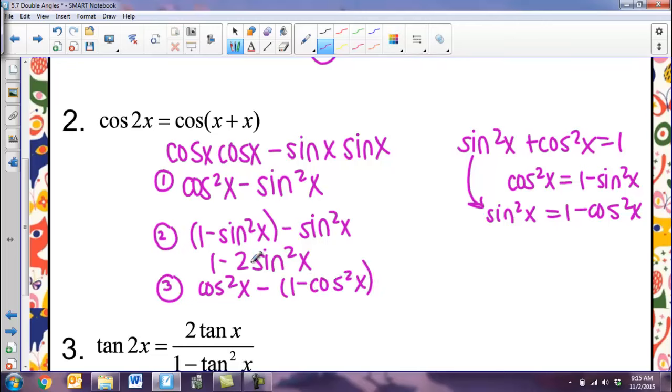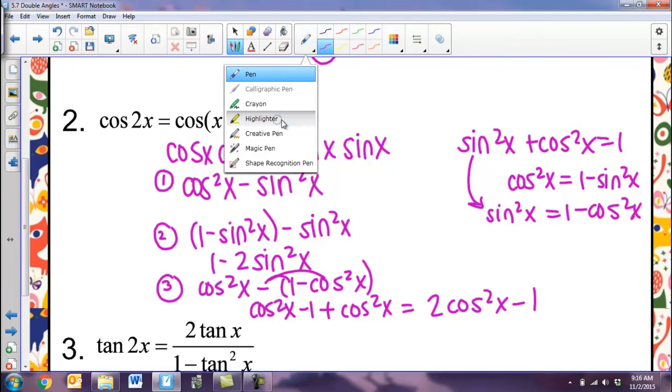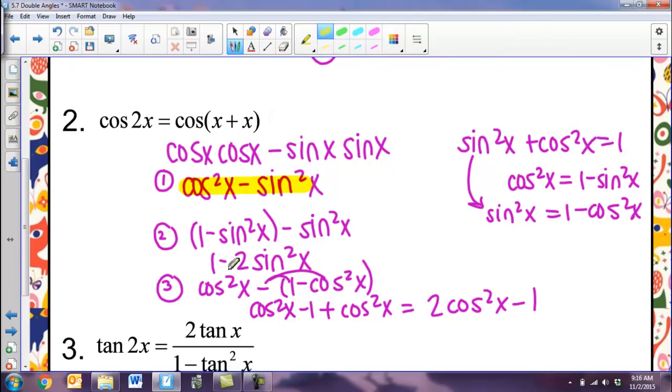Be careful here because you'd have to distribute this negative. So you would get cosine squared x minus 1 plus cosine squared x. And so that is where that 2 cosine squared x minus 1 comes from. So again, any of these are legitimate to use for cosine of a double angle.